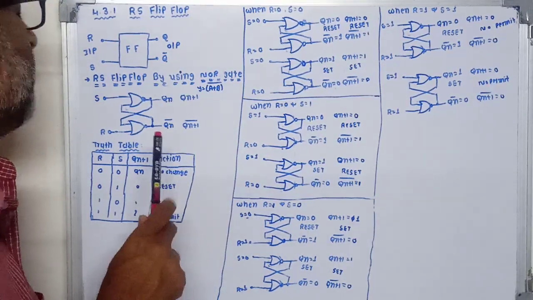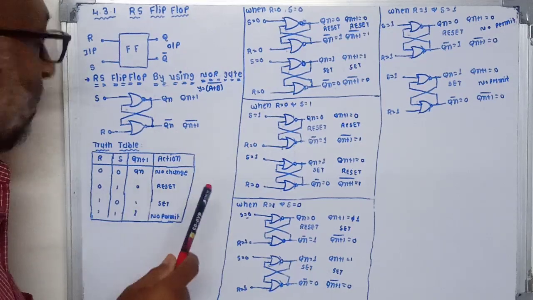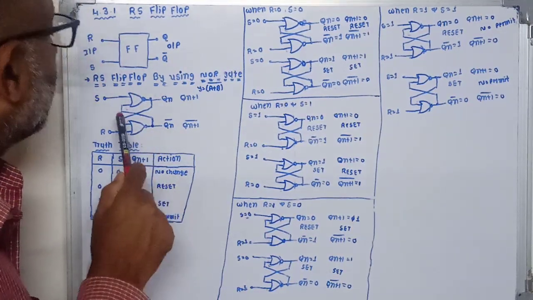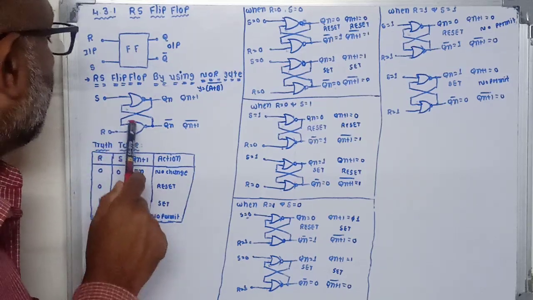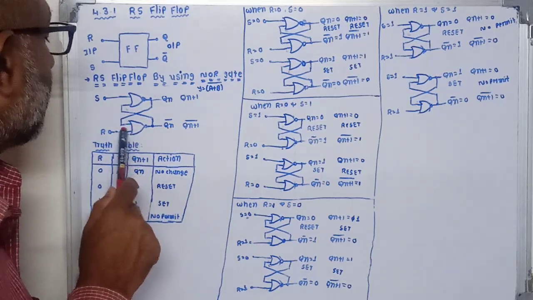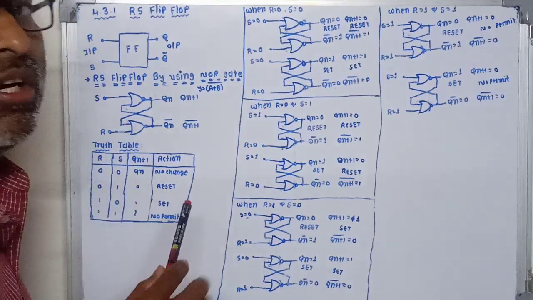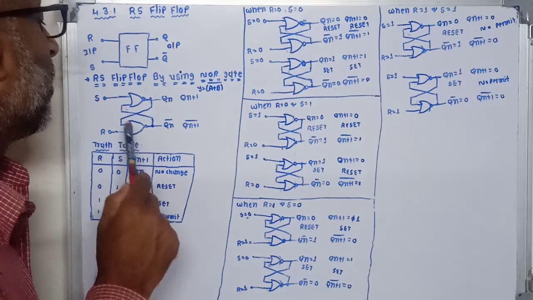The remaining inputs of both NOR gates are connected to the S input and the R input respectively.